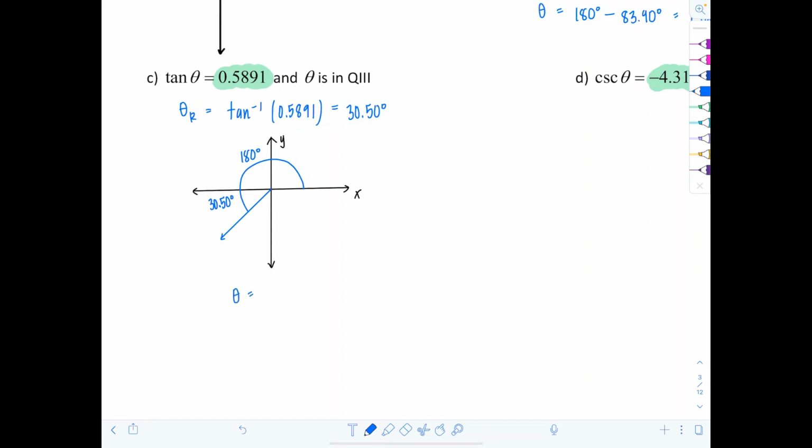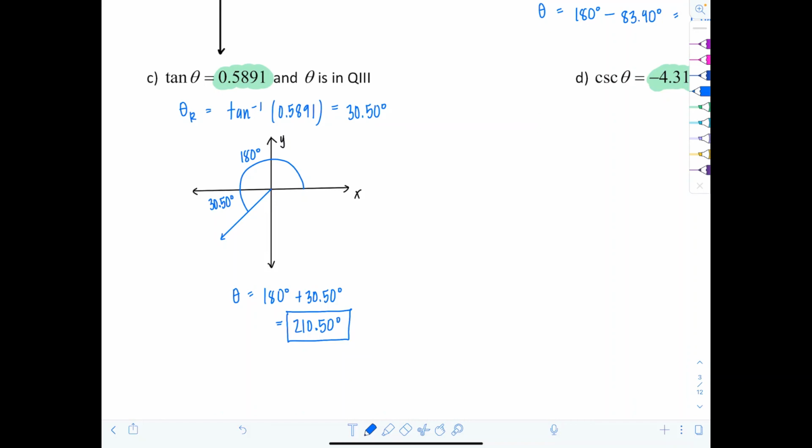So that means theta equals 180 plus 30.50 degrees, which is 210.50 degrees. Always draw these out. It's going to help you get a feel for the rotation and where the angles terminate. And then later on, you can maybe do it in your head.